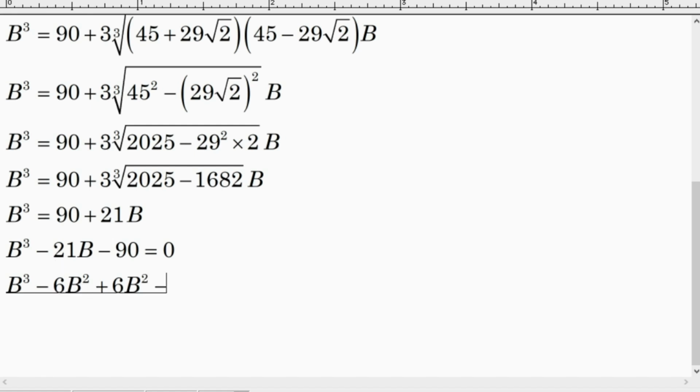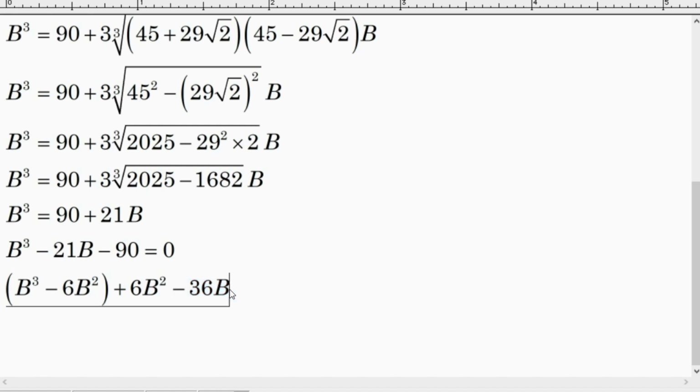And then minus. So now we have this one factor. Then we have to put 36 and then b. But we only have minus 21b, so we have to put minus 36b. In order to make it balance with this, we have to add 15b.